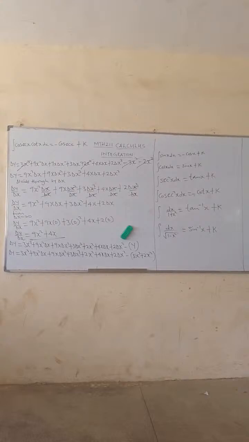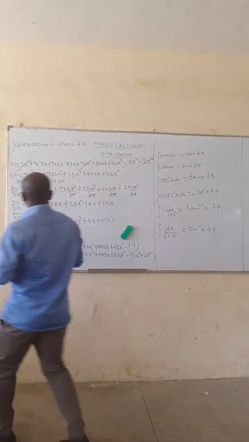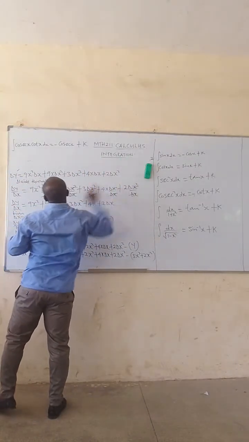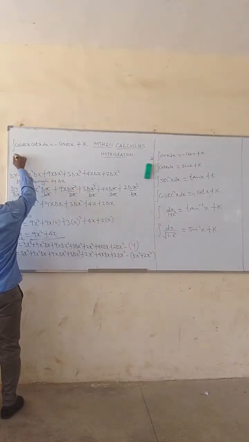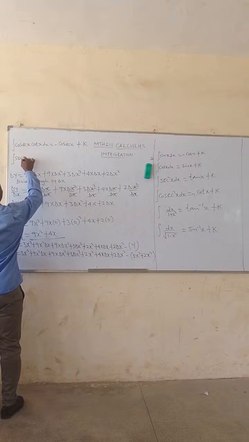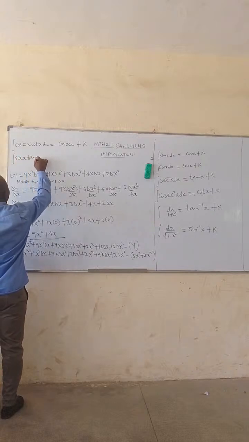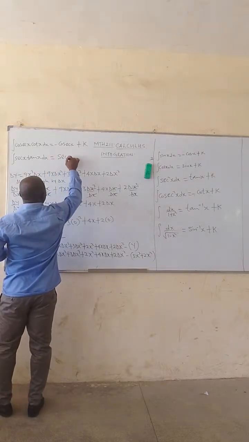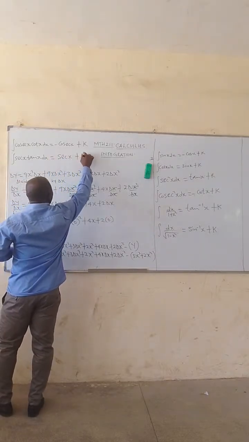Integral of sec x tan x dx is equal to sec x plus constant.